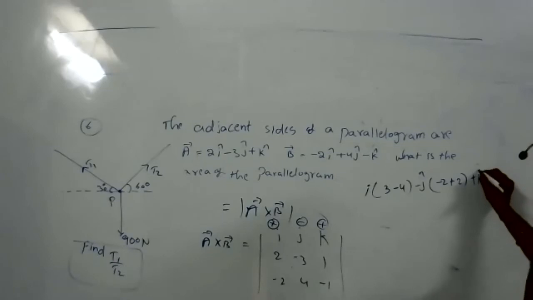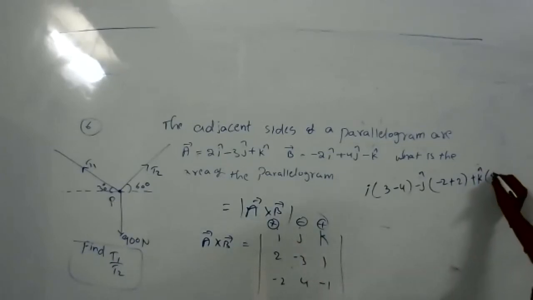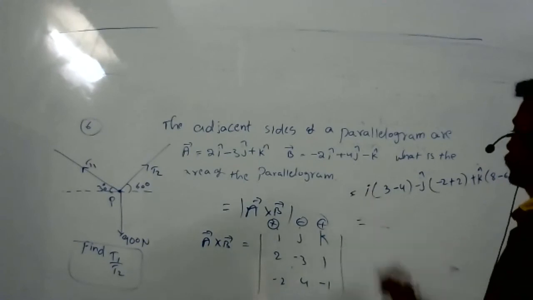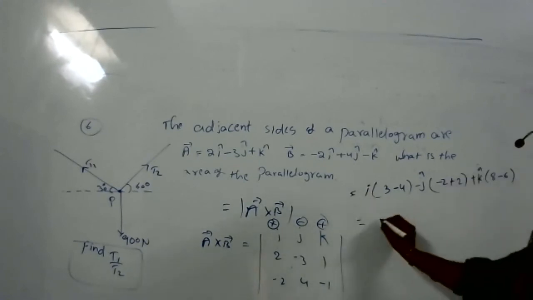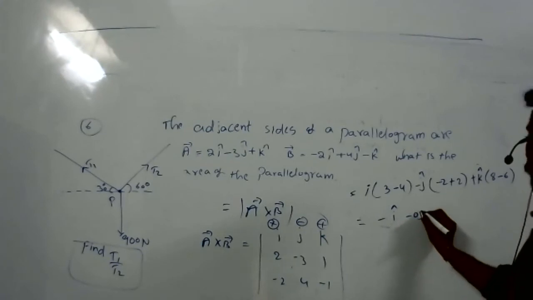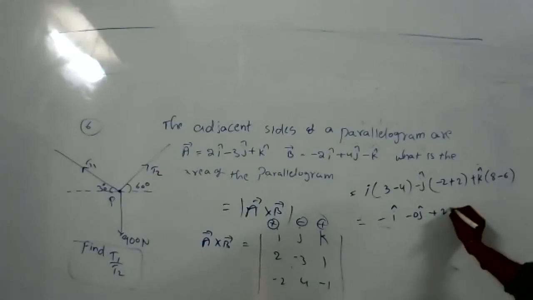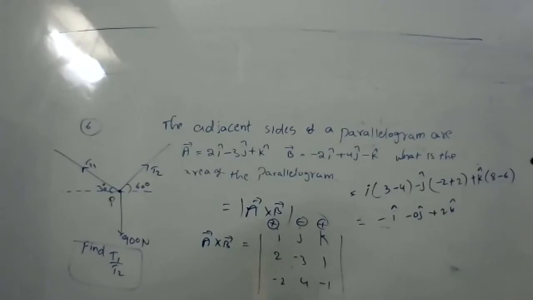And K cap, if you take, leave the line, 8 minus 6. Okay, I took minus 2 for J cap. That's why I didn't get it. No, it's minus 2 minus of minus 2, so it becomes plus 2. Oh, okay. That's the mistake I did. So you continue. 2 K cap.